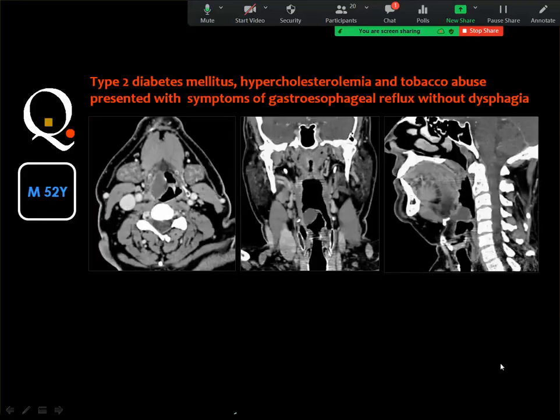It's okay. This patient had diabetes mellitus type 2 with hypercholesterolemia and tobacco abuse, and presented with gastroesophageal reflux without dysphagia. The CT images showed this lesion in the region of the epiglottis.